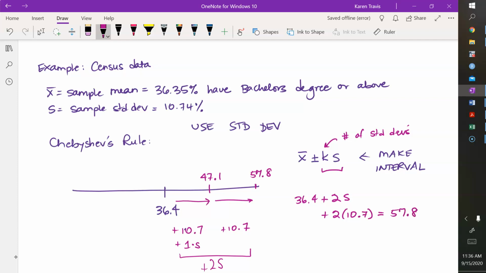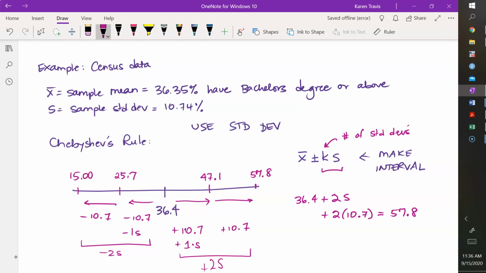Now, the plus minus means I need to also go the other direction. So I need to go this way and subtract 10.7, which means subtracting 1s, and going another 10.7, which would mean subtracting off 2s, and each of those becomes 25.7 and 15.0.